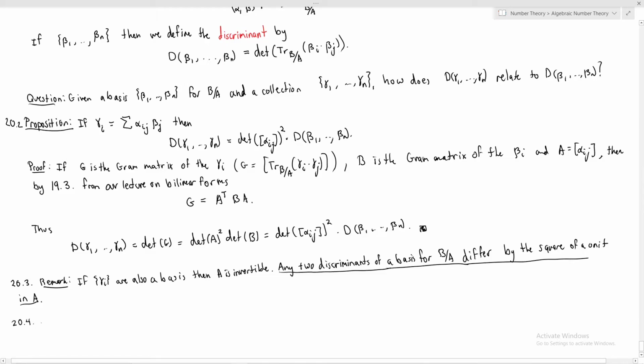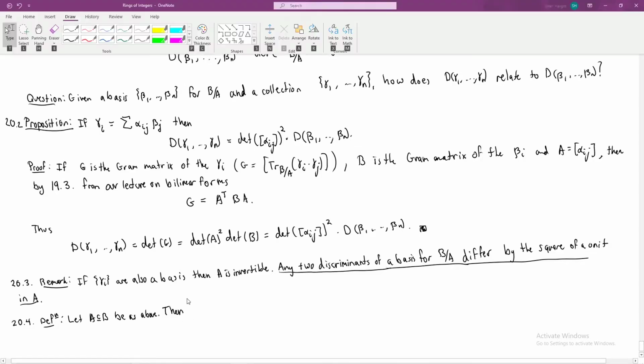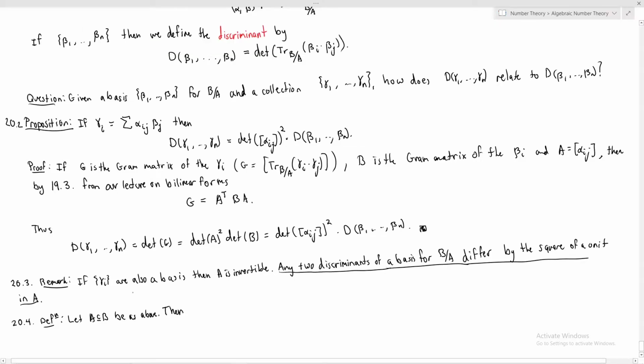20.4 definition. Okay, so we're going to let A contained in B be as above, so that B is a finitely generated module over A. Then what can we say? I can define the discriminant of this field extension not exactly as an element of A, but up to multiplication by a square of a unit.